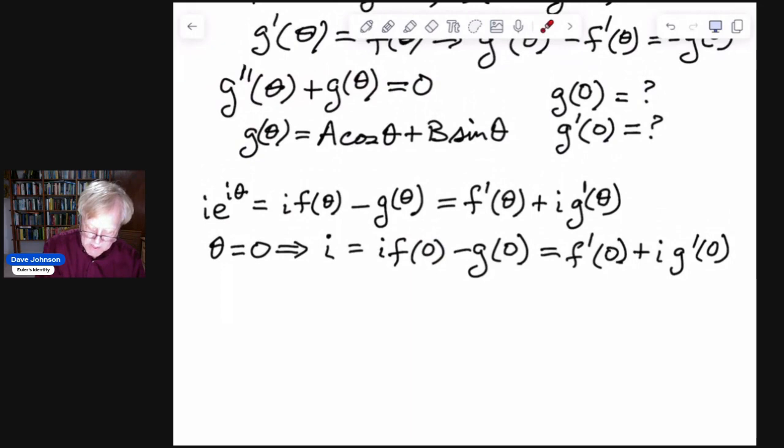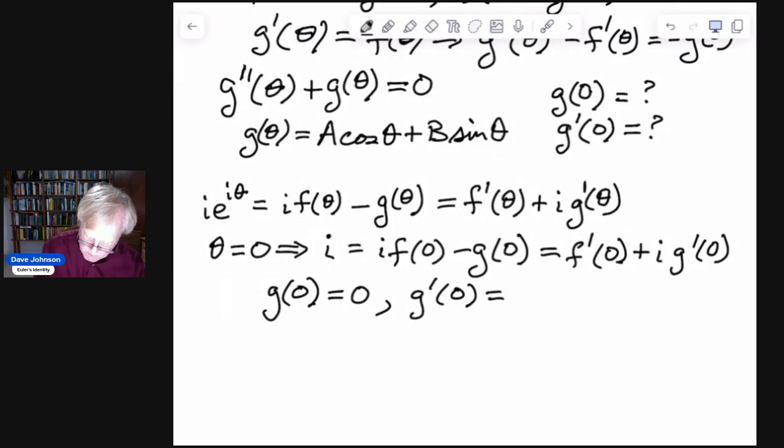So let me write those down. So g of 0 is equal to 0 because the real part of that equation is 0. But g prime of 0 is equal to 1.